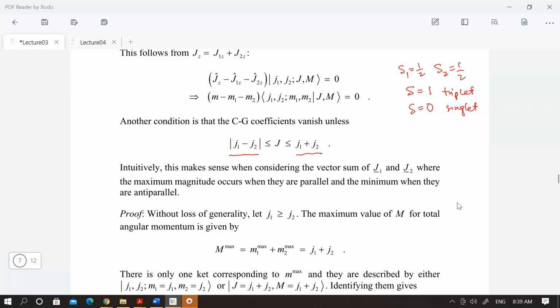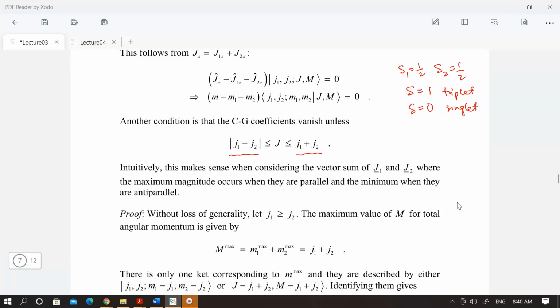So in general, you have that property, but in the case of the two spin-half, it's only these two combinations, but you can have more combinations with respect to this general case.